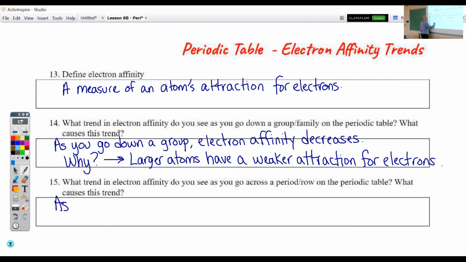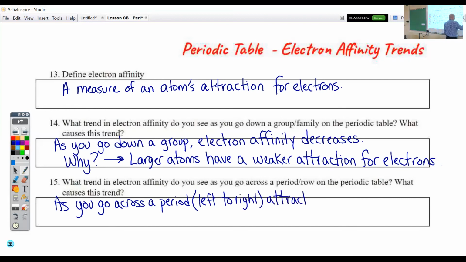So as you go across a period, left to right, the attraction for electrons increases. Now, what causes this trend? So why does that happen?